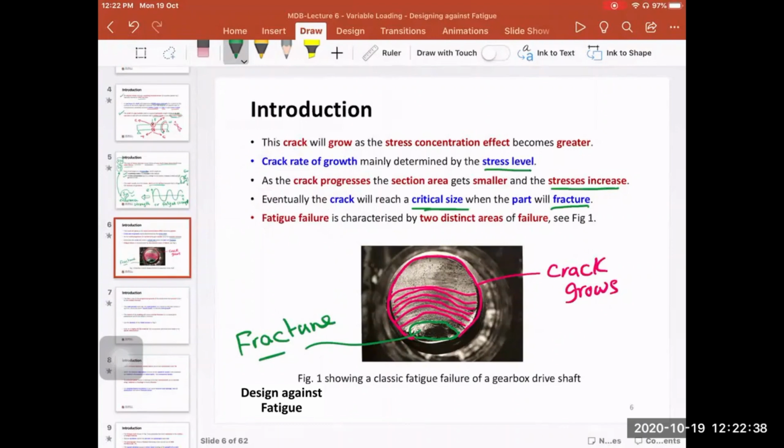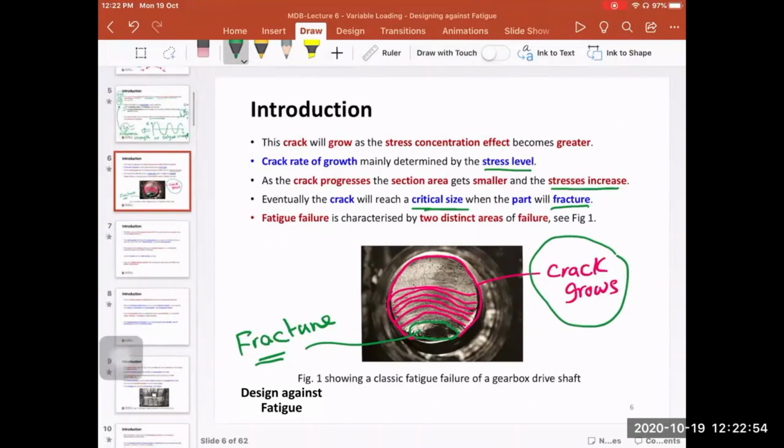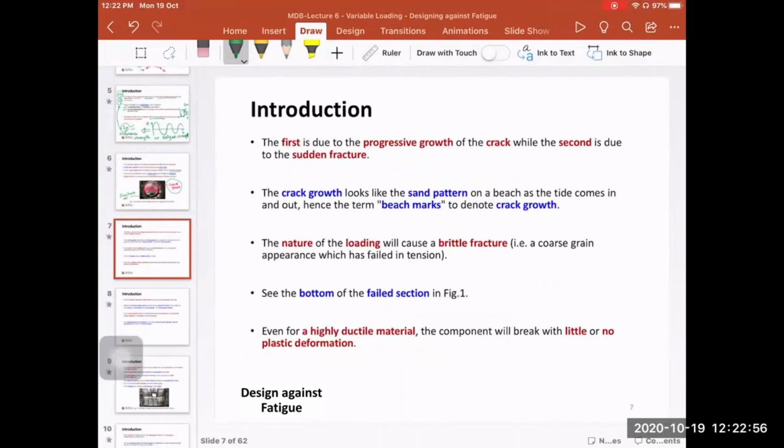One area that shows the final fracture, and another area shows how the crack was growing and propagating through the section, starting from a minute crack on the surface or an inclusion in the material. So the first part is the crack propagation, where the crack starts to propagate, and the second part is actually a sudden fracture.